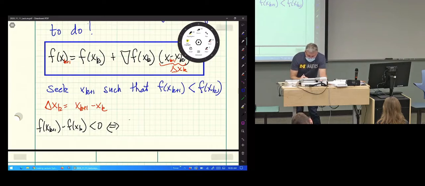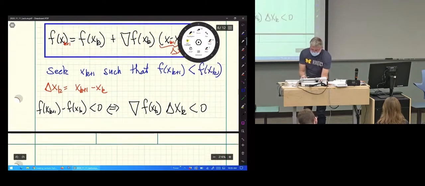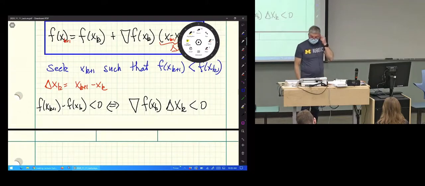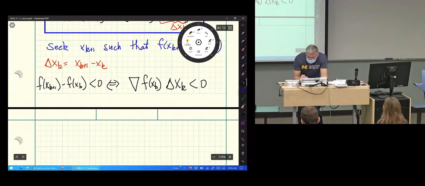Okay, so that's if and only if the gradient, okay, now this is a row vector.